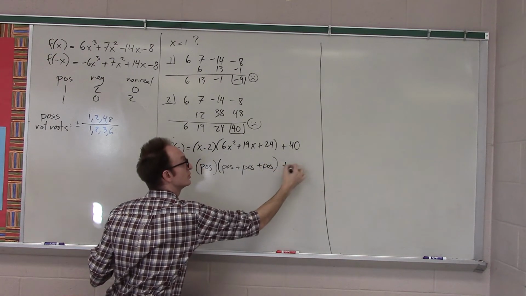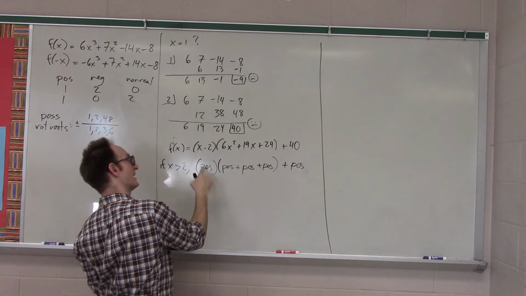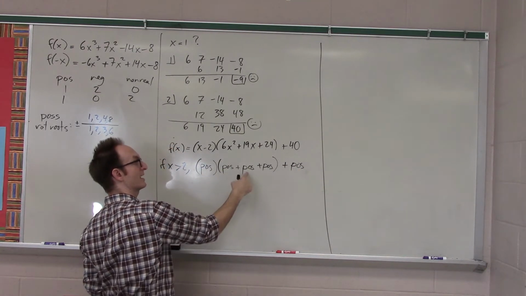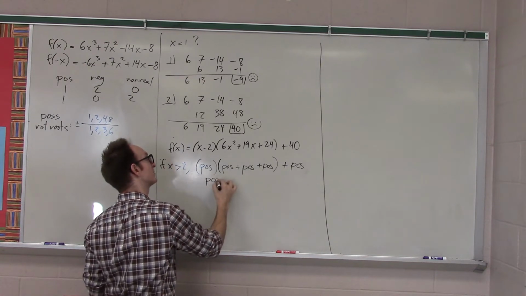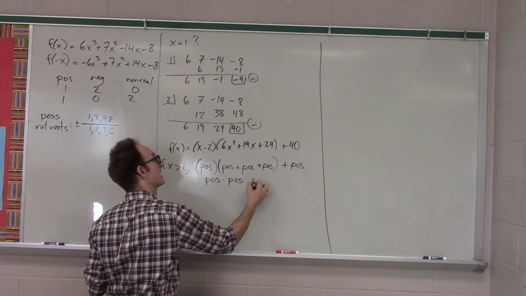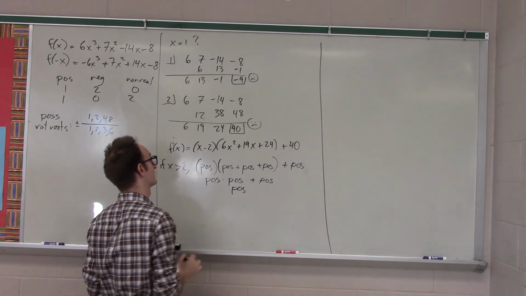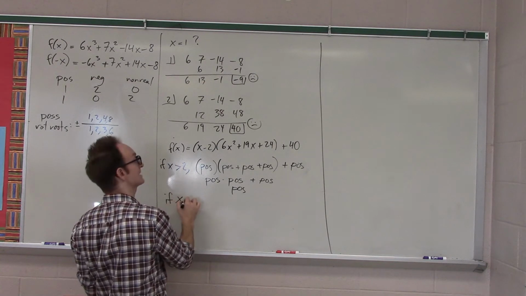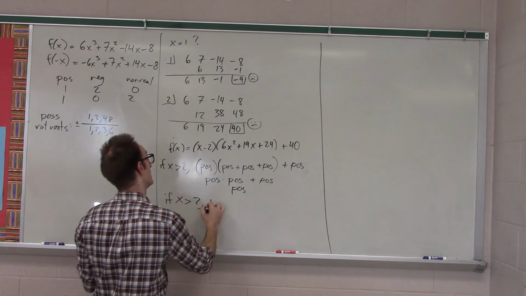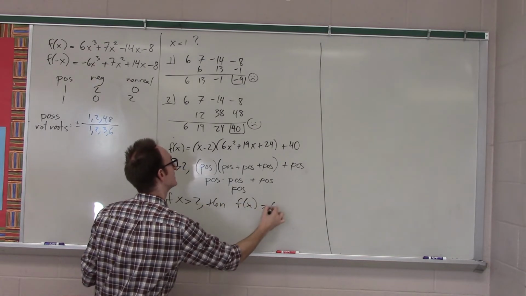It's also true that the remainder, 40, is positive. And so my divisor is positive, and my quotient is positive, so I'm multiplying two positive numbers, and I'm adding a positive remainder. It means that this whole thing is positive. In other words, phrased slightly differently, if x is bigger than 2, then my function is guaranteed to be positive.